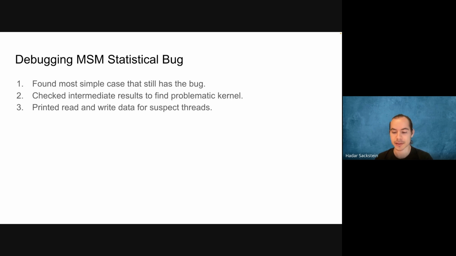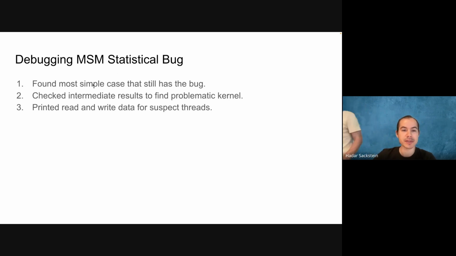So this bug is difficult to find because it's difficult to reproduce. Each time you need to run it many times until the bug is there. And also, when we tried to narrow down the problem, then sometimes the bug didn't occur. So we followed the following steps.